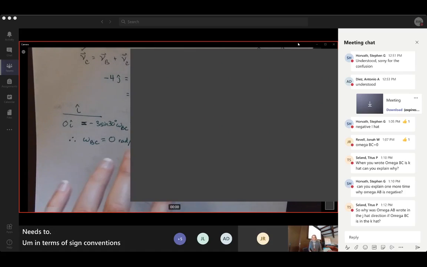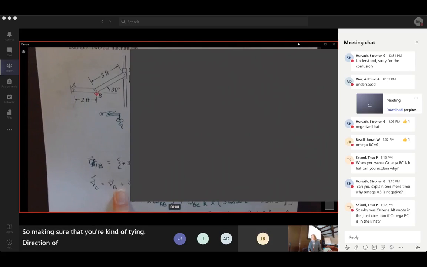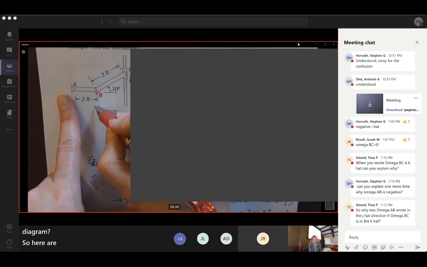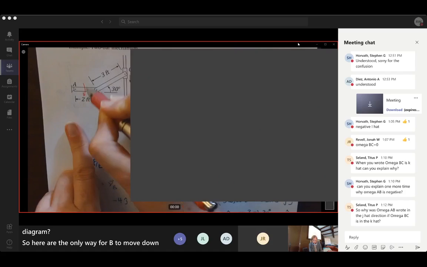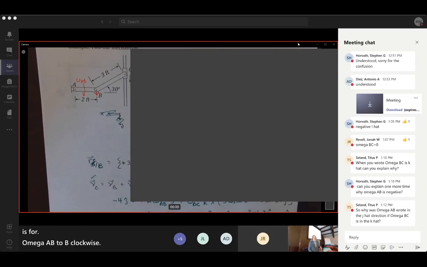But make sure that you're tying the direction of rotation to what would actually be happening on the diagram. So here, the only way for B to move down is for omega AB to be clockwise. And if it's clockwise, that's a negative direction, or negative k-hat direction. Does that make sense?